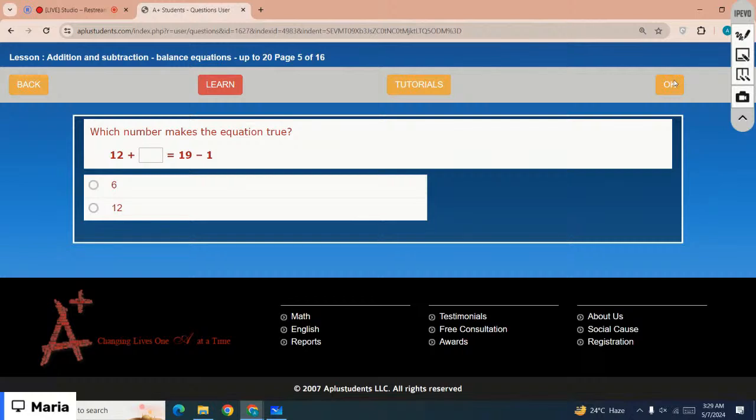Yes, that is 12 plus 6 that equals 18. So the correct option is 6. Option number 1 is the correct option.